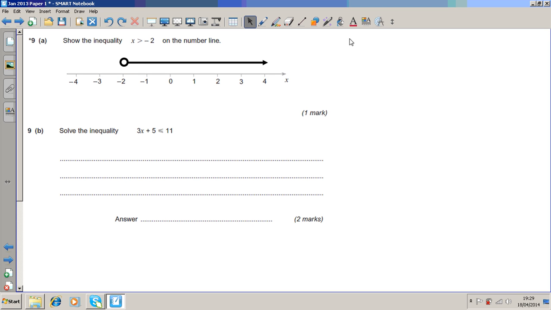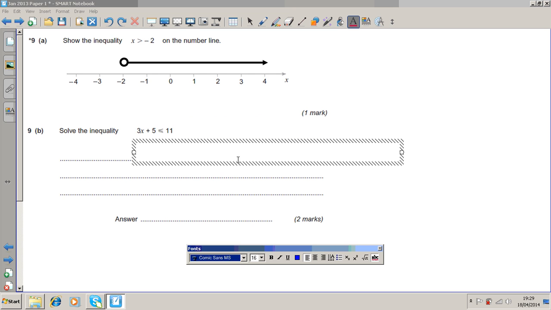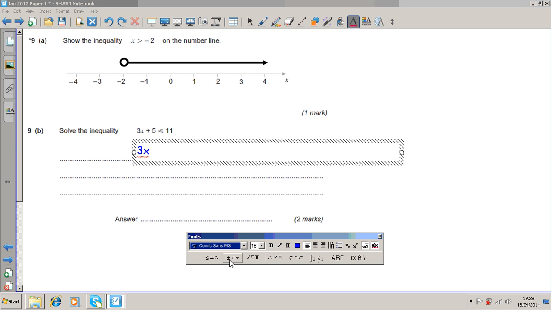Solve the inequality. 3x plus 5 is less than or equal to 11. So to do that, essentially you just ignore this less than or equal to sign and treat it like an equal sign when solving equations. So first job is to take 5 off both sides, so we get 3x there is less than or equal to.